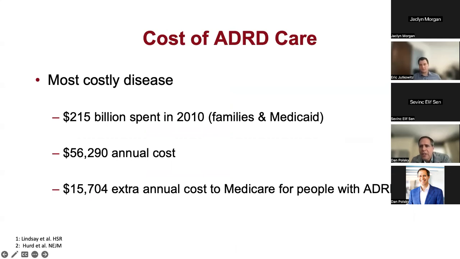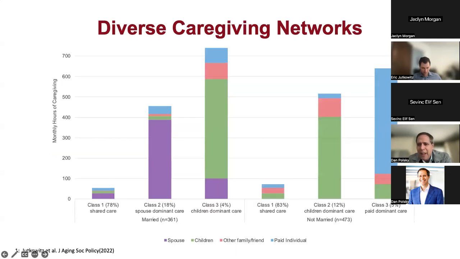Can I ask a question about that? Sure, yeah, Dan. I love that slide. But I'm just thinking about supply versus demand. The hours of caregiving must be related to needing a lot of caregiving. But if you held constant the amount of care needed, how would those change?